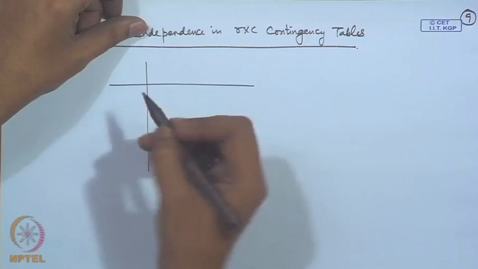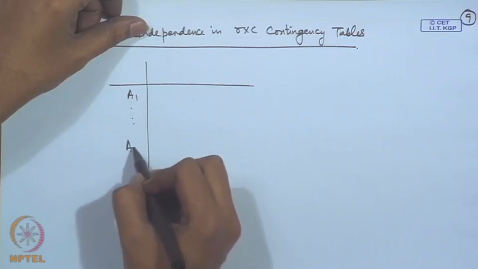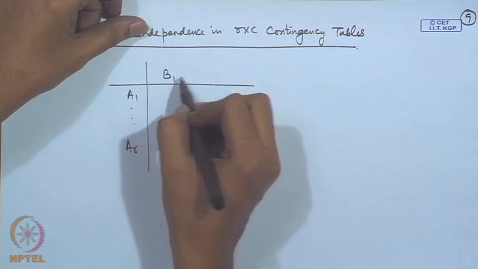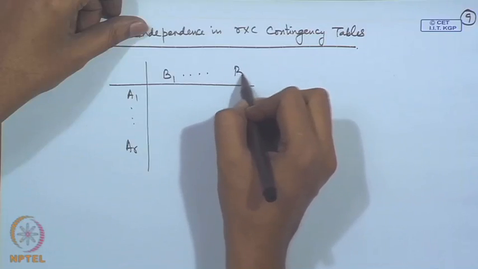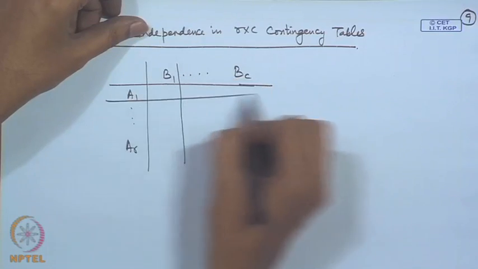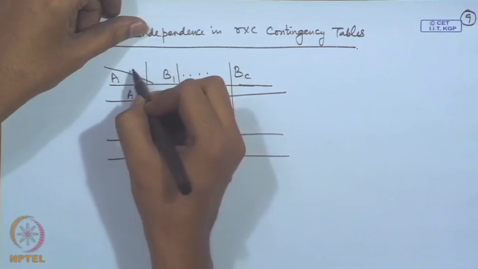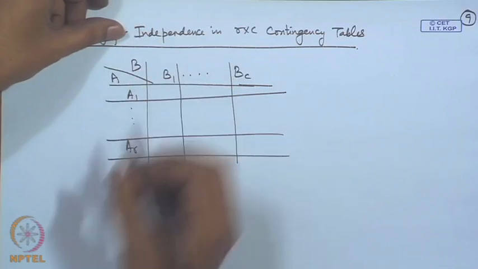So, on one side you have a certain category, let us say A1, A2, AR. On the other side you have category B, which is having C classifications. So, this is attribute A, this is attribute B.